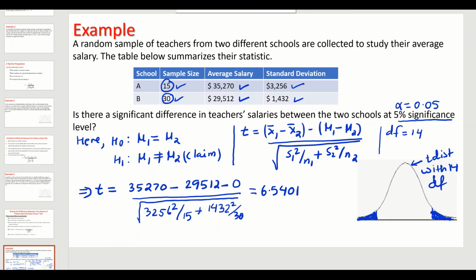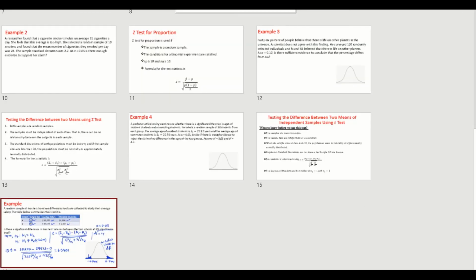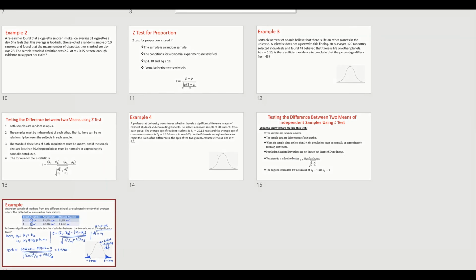Once we know this value, which we calculated up here, 6.5401, by symmetry the value on the left is negative 6.5401. Now let's find this area. The area on both sides will be equal.